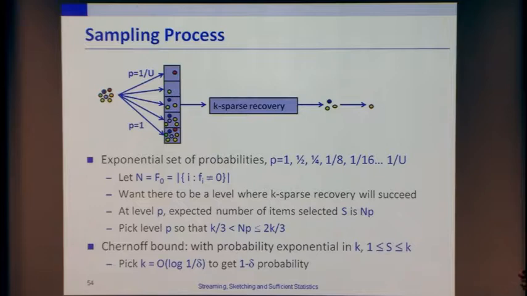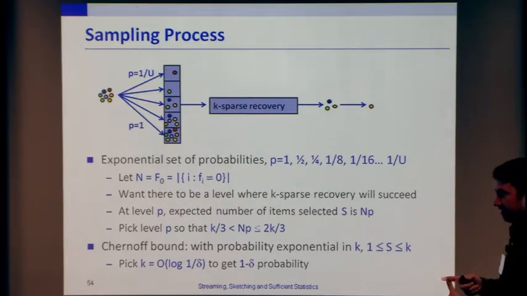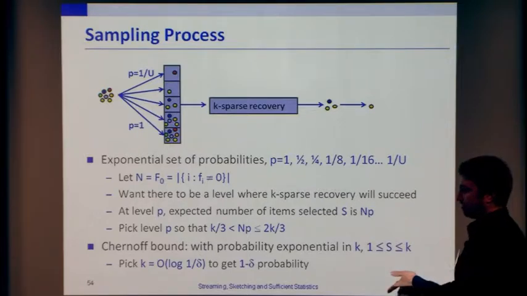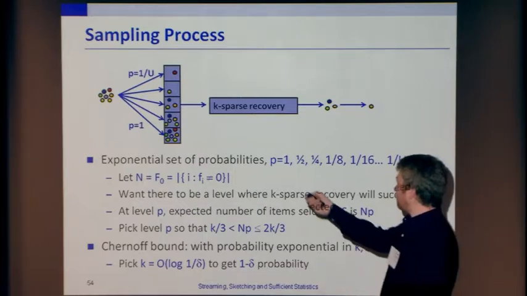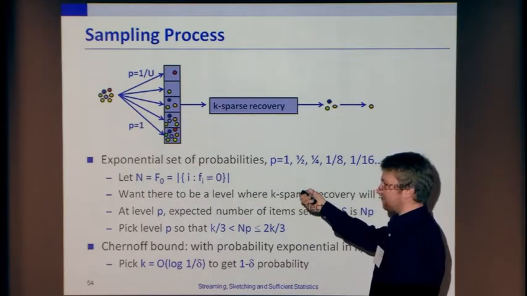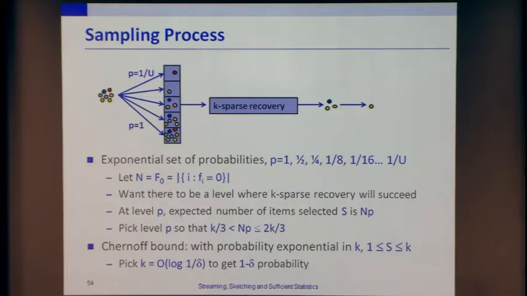Basically, this algorithm is either going to say it's a 0 vector, or it's going to say it's a k-sparse vector and here it is because I can recover it, or it's going to say, fail, this has density more than k. So what you can just do is go through these repetitions and pick the first one that succeeds. That biases you slightly, but in practice it doesn't really change anything. Okay.